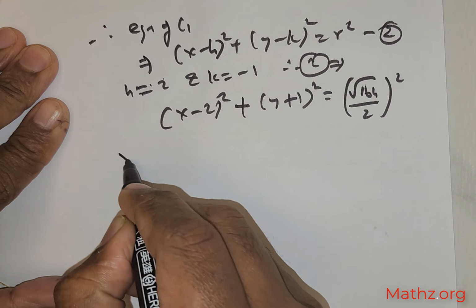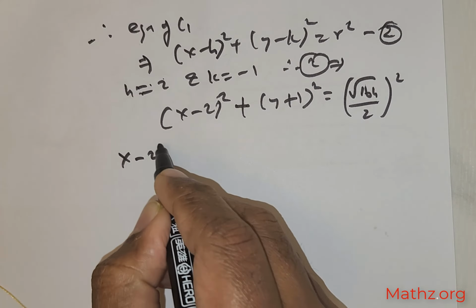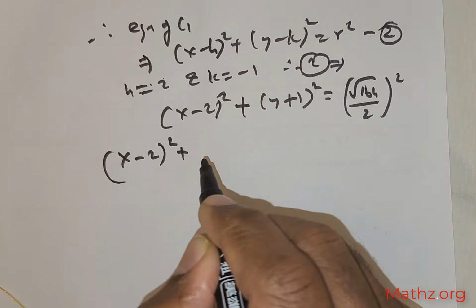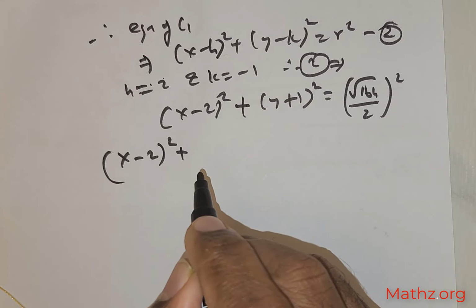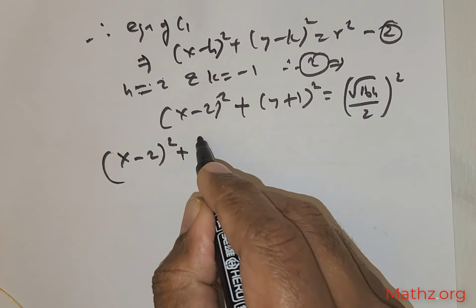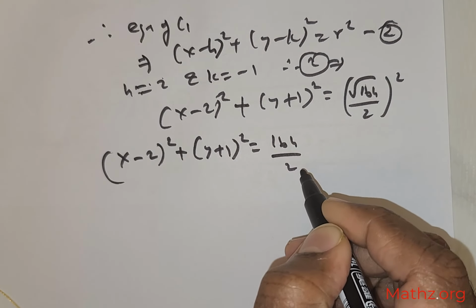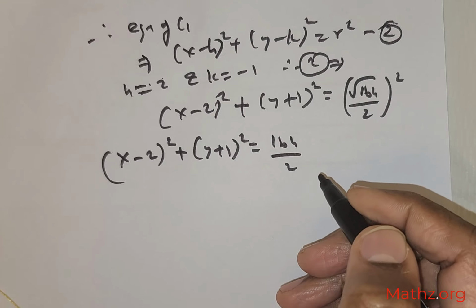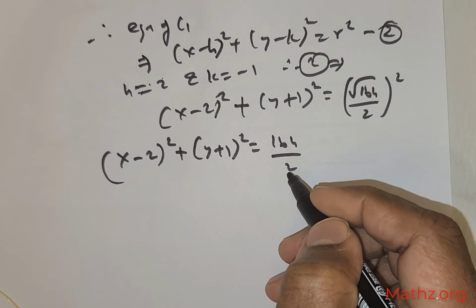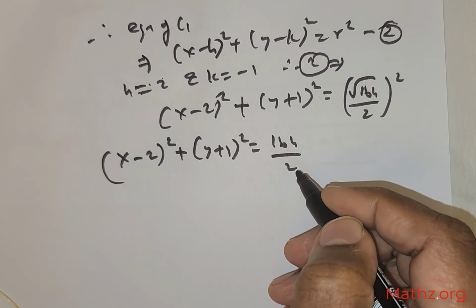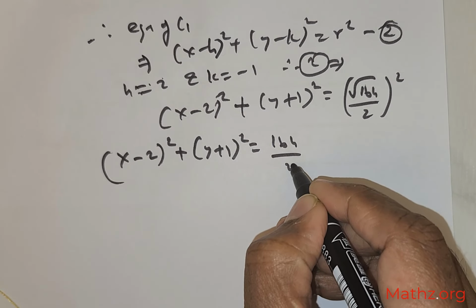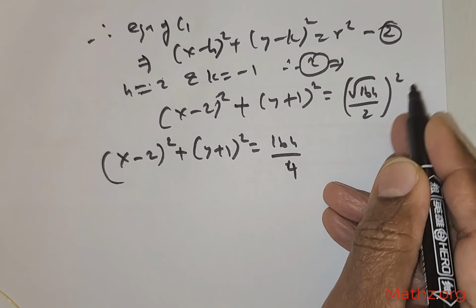So if you were to square that, you would get x negative 2 the whole squared positive y positive 1 the whole squared is equal to 164 divided by 2, right? Now you can divide this by 2 squared, so this is going to be 4 because it's 2 squared.